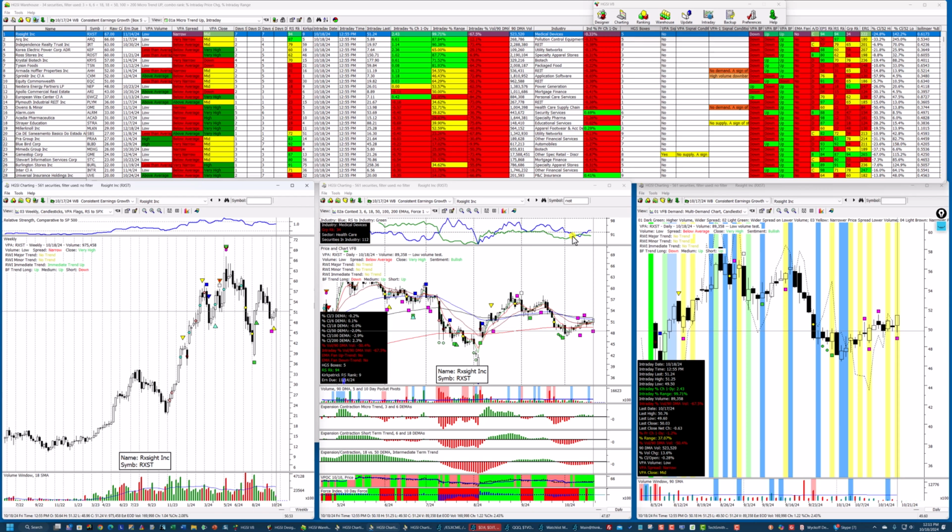The relative strength to the industry is green. So if the green line is going up, that means this particular stock is outperforming its industry group. Also on this chart, I have all of the moving averages I use.